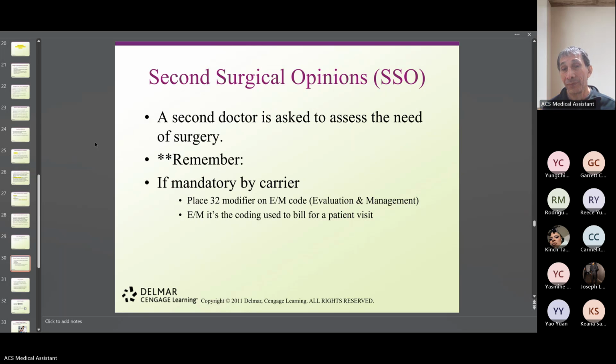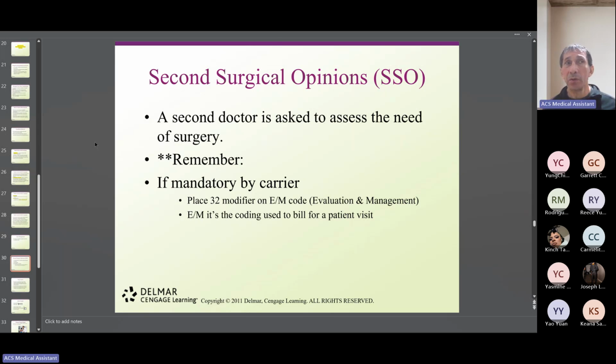So once again, this is mandatory by the carrier, by the HMO, because they want to make sure that you get the best care possible. So if a second evaluation needs to be done, it should be done. But then we've got to make sure that it gets paid. It gets reimbursed. So that's basically what it is.